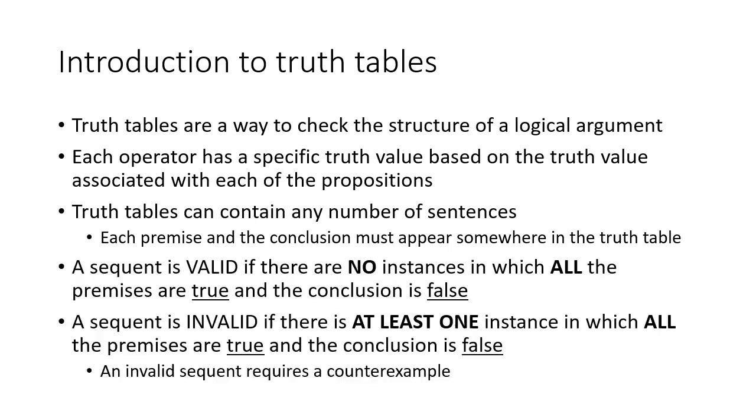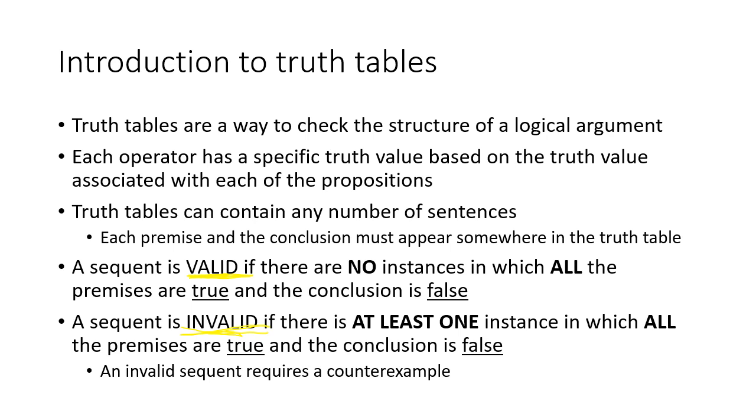And here comes the more important part, which is how do we know when something is valid versus when something is invalid. An argument is valid where all the premises are true and the conclusion is also true. It's invalid as long as you have one instance in which all the premises are true and the conclusion is false.